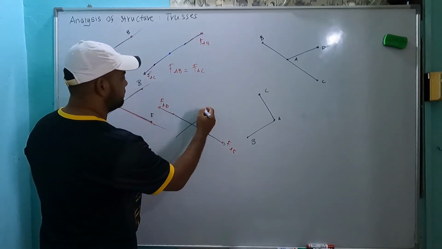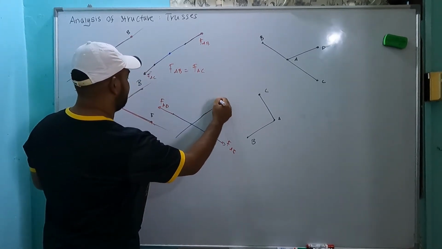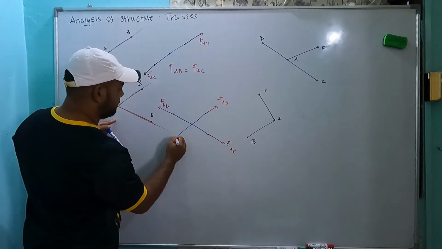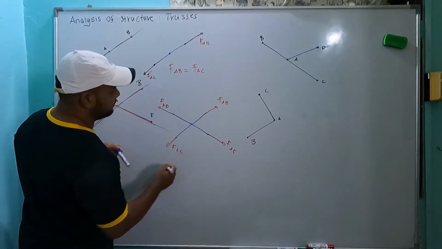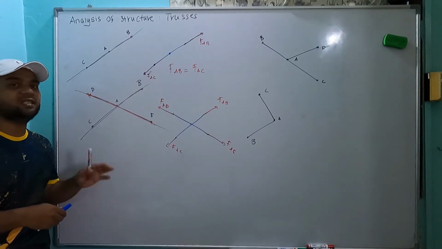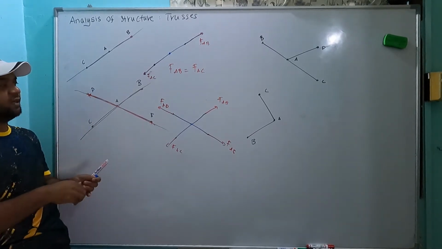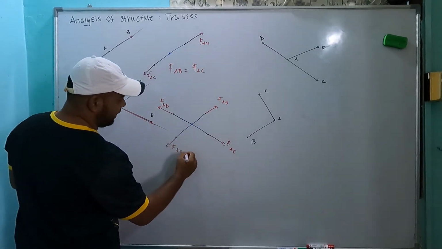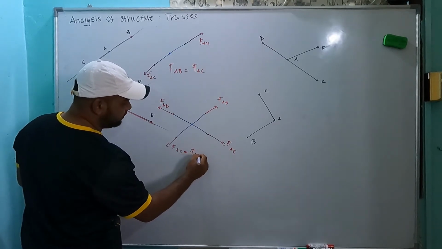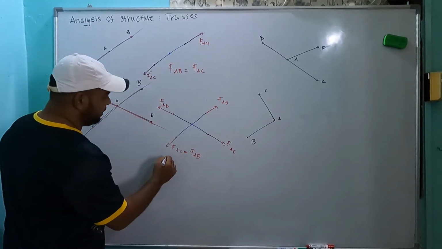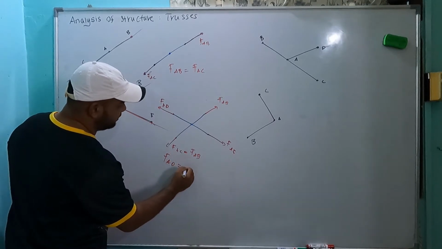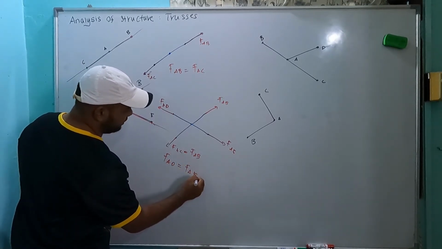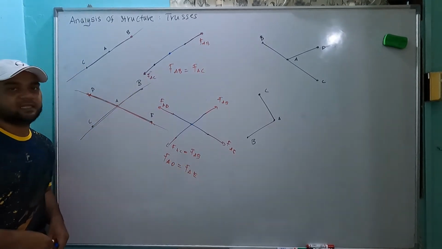So we have a force in that direction, FAB, FAC. So in order for this condition to maintain equilibrium, we must have FAC equal to FAB, only in opposite direction, and FAD is equal to FAE, but in opposite direction.